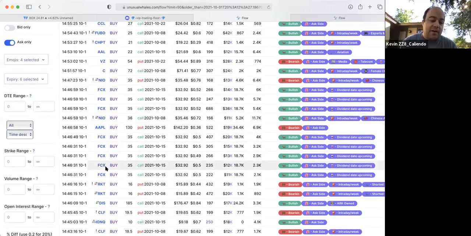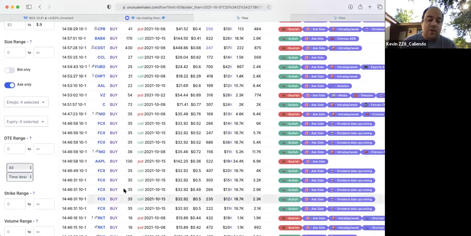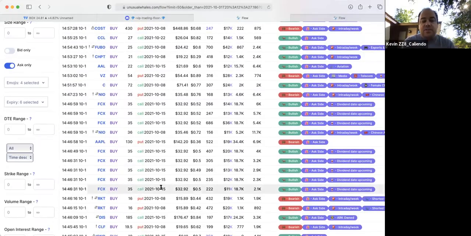But this is a single buyer, and it's a single buyer because nobody is making orders at exactly the same second on exactly the same stock in exactly the same conditions and all that. So it's a single buyer. I don't usually chase a single buyer, but they'll get my attention, and then I start to maybe go into the next steps.